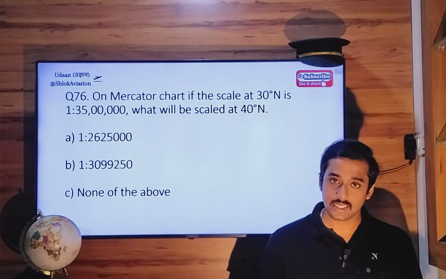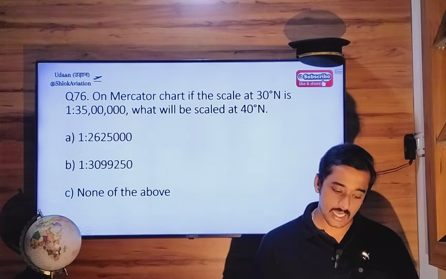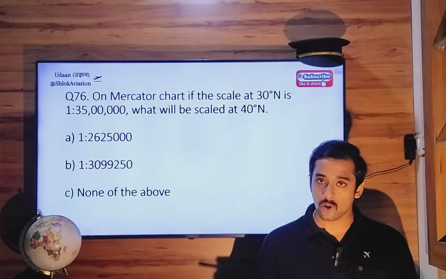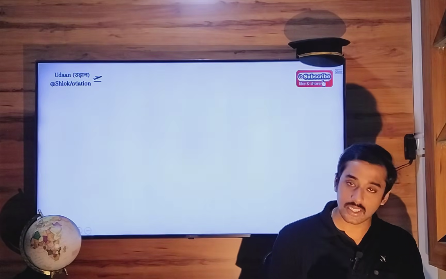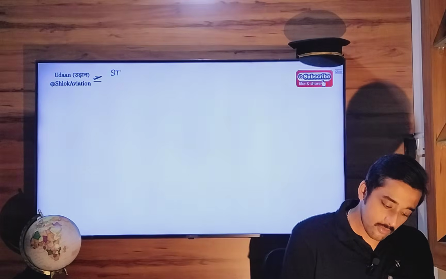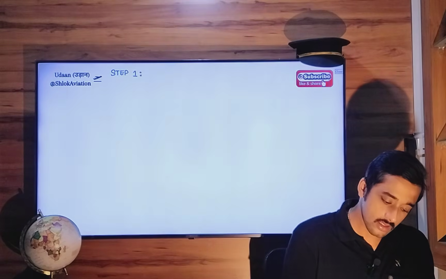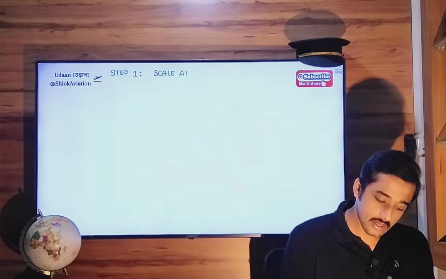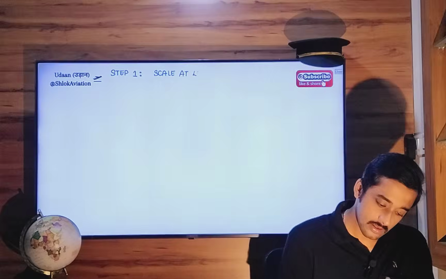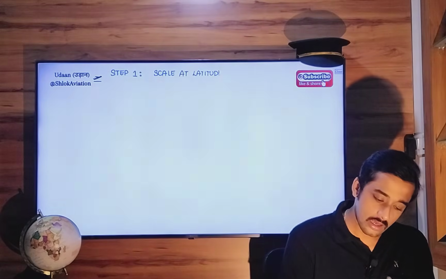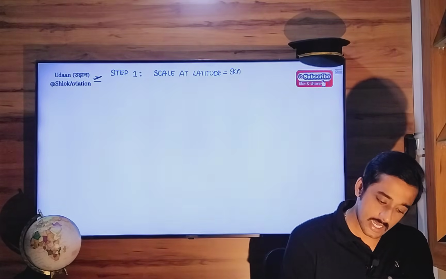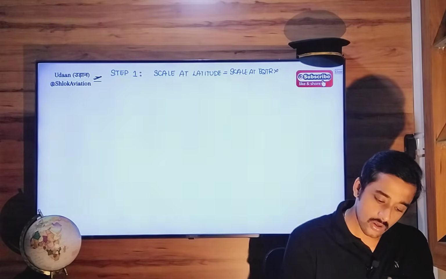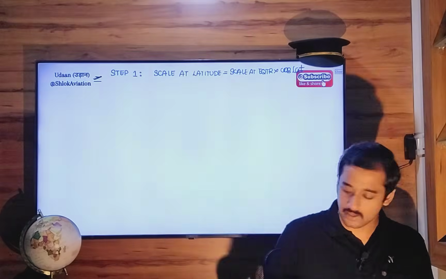Next, question number 76. On a Mercator chart, if the scale at 30° north is so and so, what will be the scale at 40° north? So this will be a two-step process. Step 1 will be: scale at a particular latitude equals scale at equator multiplied by cos of that latitude.